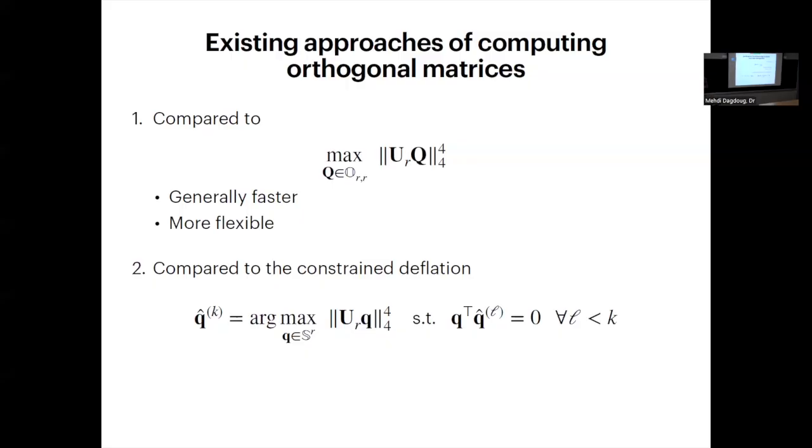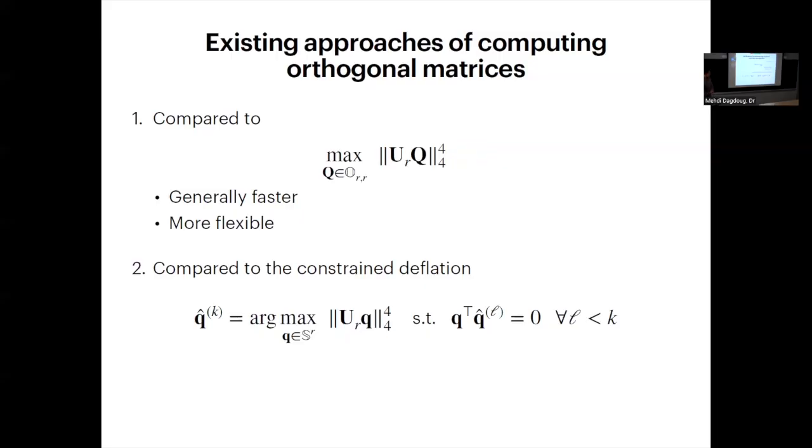For deflation, typically you can optimize each column separately in parallel, and that can be faster than solving this whole optimization problem if you do a projected gradient descent on the whole manifold. And it can also be more flexible because in many cases, you can stop once you are satisfied with the latent factors you have already extracted.